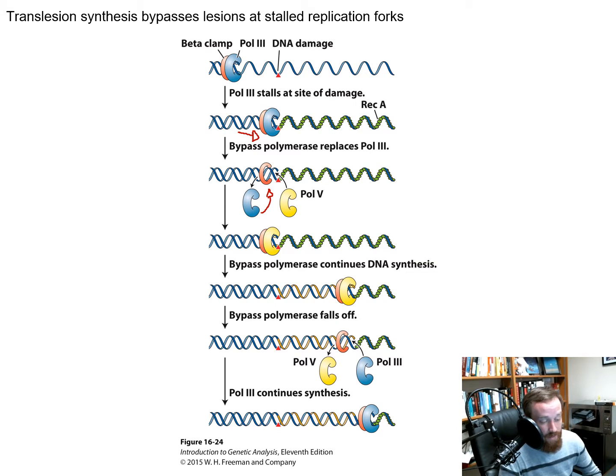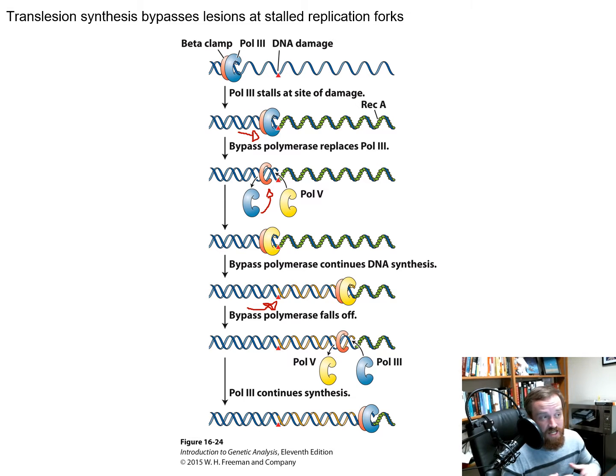And so bypass polymerase will continue to just go right over that mutation or that lesion in DNA, and will continue to synthesize this double DNA strand. And this proceeds for a couple dozen base pairs, and then the polymerase's job is done.